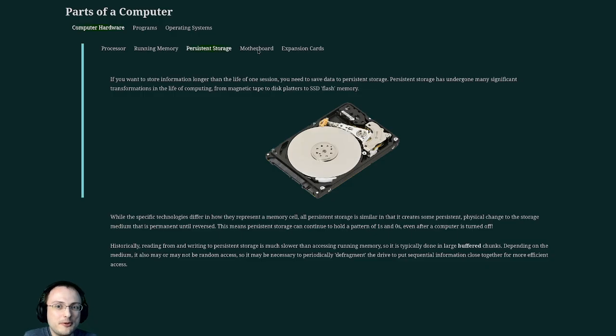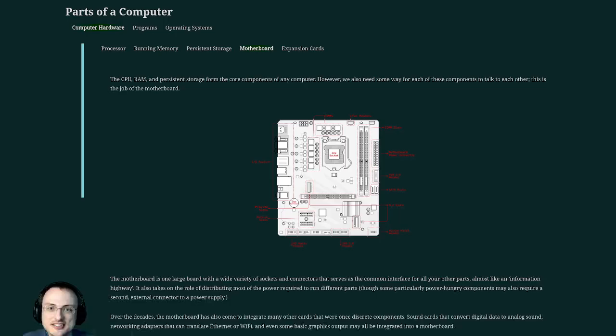Most importantly, we need some way for these three pieces to talk to each other and to talk to every other device that you hook up to your computer. So in order to do that, we have one more device that is crucially important on your personal computer, and that is the motherboard.